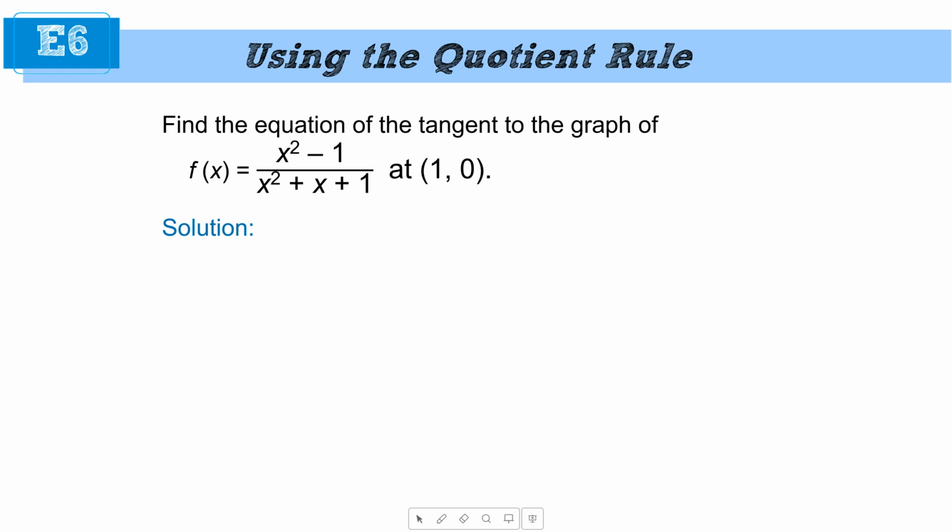Why? After I find the derivative, what am I going to do? Plug in 1, correct. Just like these other problems, if I go back one, this one, I could have stopped.